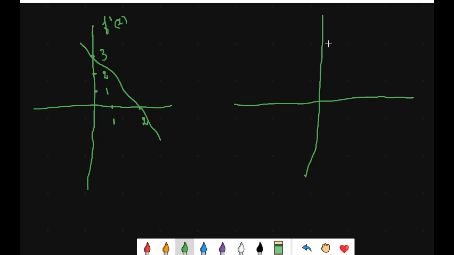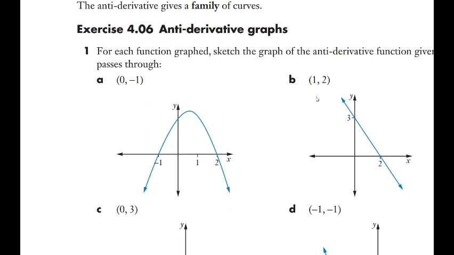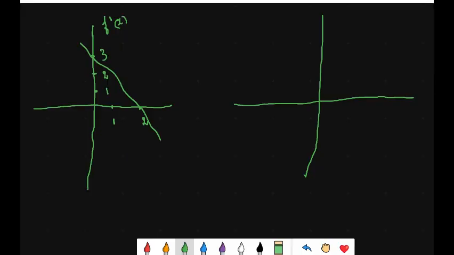Okay, and then in this case it has to go at 1 comma 2. Okay, the graph needs to go through 1 comma 2. So I go and say that, okay, that is y's value of 1, y's value of 2, and down here this is the y's value of 1 and y's value of 2.